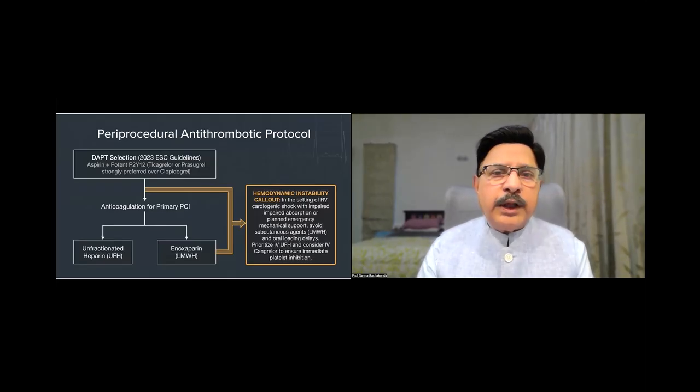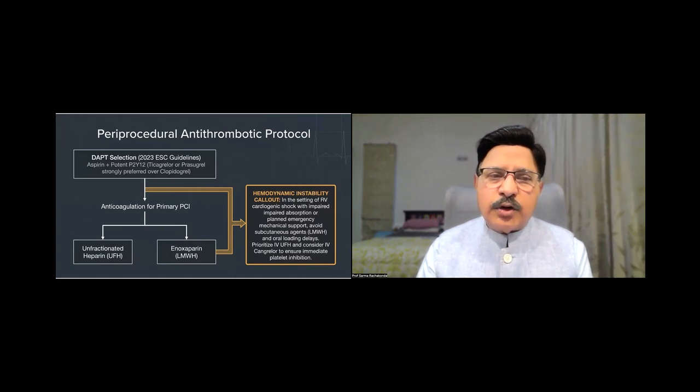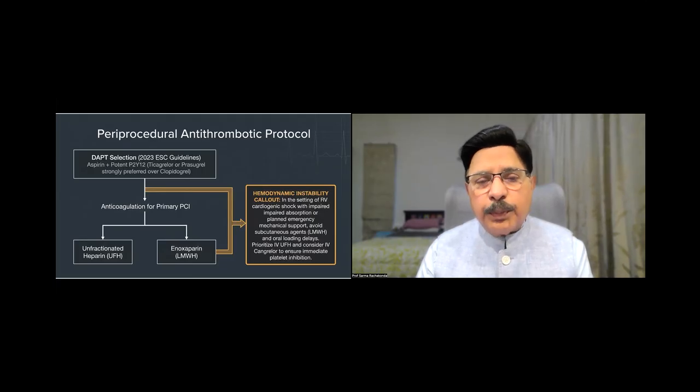Okay. Pre-procedural antithrombotic protocol. What do I do before I submit the patient to primary PCI? DAPT, that is double antiplatelet treatment: aspirin plus a potent drug. What is a potent drug? Not clopidogrel, but ticagrelor or prasugrel over clopidogrel.